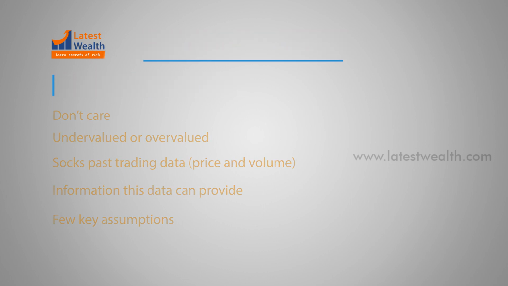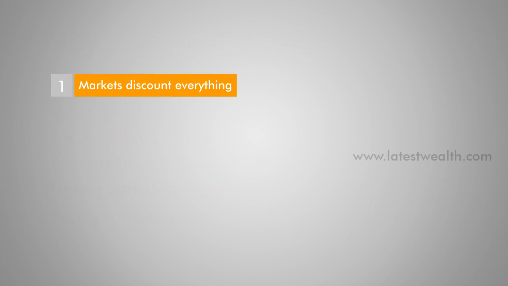First assumption: markets discount everything. That means this assumption tells us that all known and unknown information in the public domain is reflected in the latest stock price. Whatever the fundamentals of the company, the company management, what product they are selling, whether the product is in demand, whether there is a future or not, everything is reflected in the stock price.